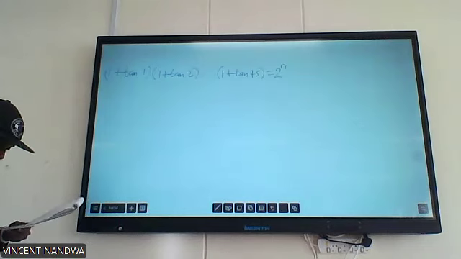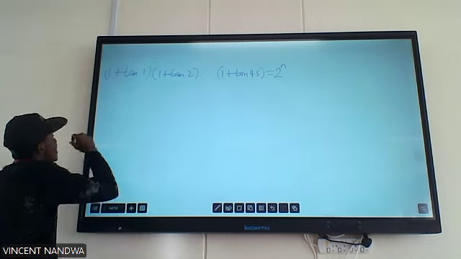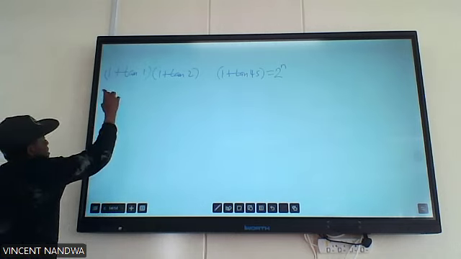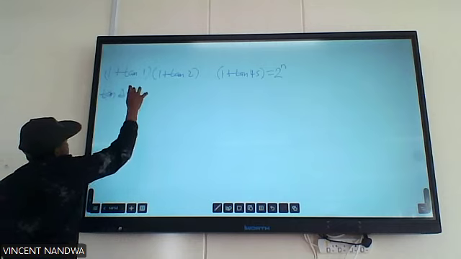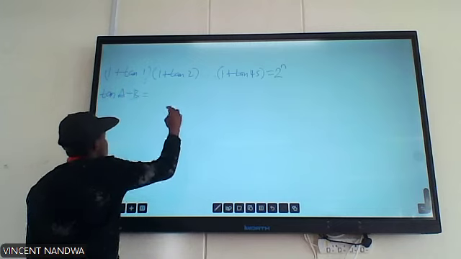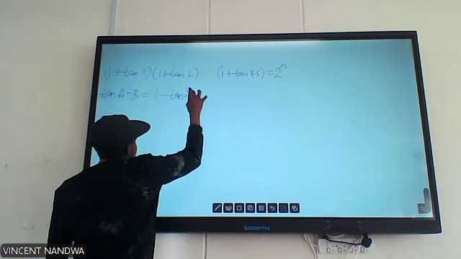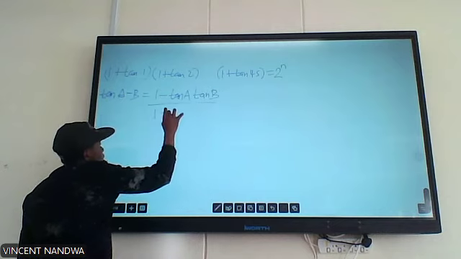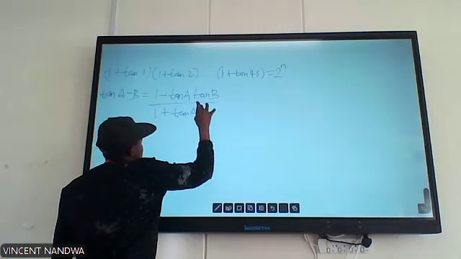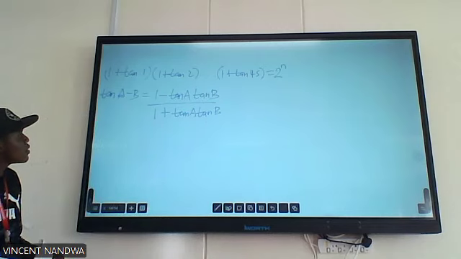So first, I use the tangent identity, the double angle for tangent. That tan A minus B is equal to 1 minus tan A tan B over 1 plus tan A tan B. So the numerator is tan A minus.